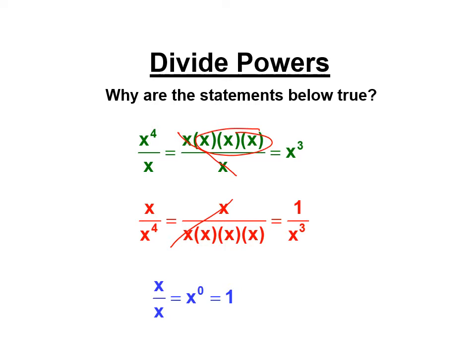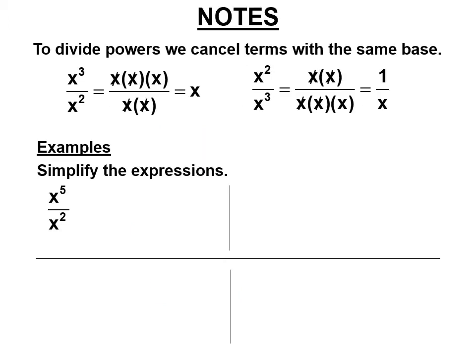And if you have x over x, we talked about that being 1 yesterday. But interestingly, that is also x to the 0. And you'll finally see why everything to the 0 power equals 1. We're assuming the same rule as yesterday, we can't have 0 in the denominator.